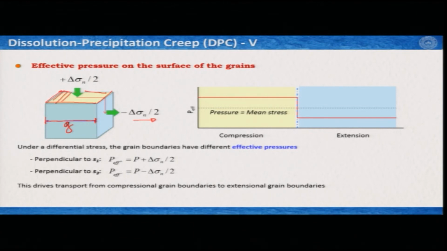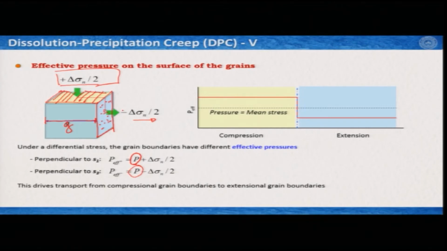So, this surface is under compression and this surface is under tension. Now, under differential stress, at least in this condition, the grain boundaries have different effective pressure. So, if I have my initial pressure P, which is a confinement of this grain, you can imagine, then on this surface you have initial pressure plus this one, and on this tensile surface, you have initial pressure P minus this one.